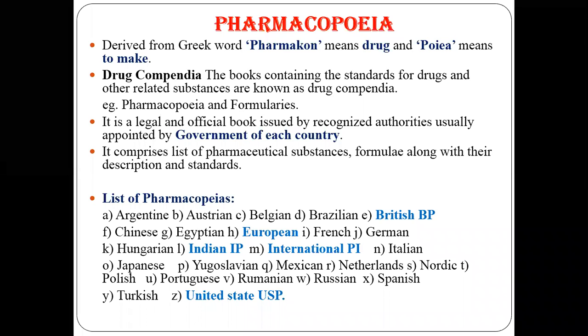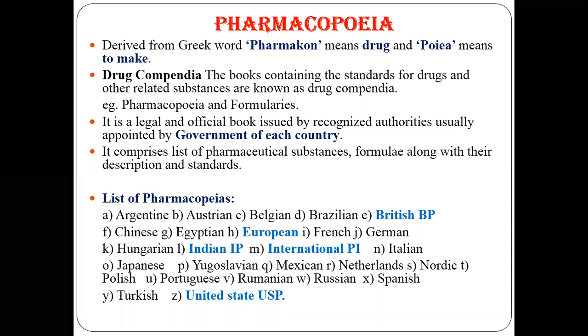For India, we have the Indian Pharmacopoeia, called IP. For the United States, they have the United States Pharmacopoeia, or USP. The British Pharmacopoeia is called BP.